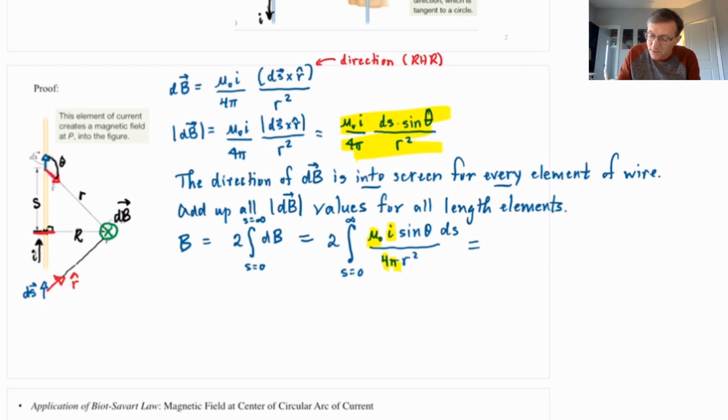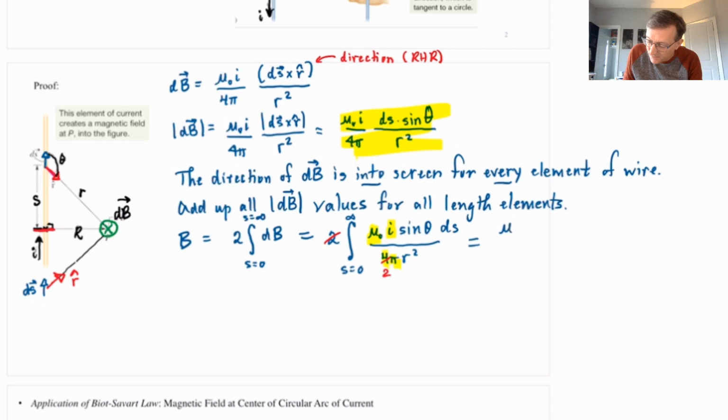And by the way, let me cancel the 4 and the 2 there. So if I bring out front the constants, I have mu 0 I over 2 pi, integral from 0 to infinity, sine theta over r squared ds. We've got to figure out how to deal with those symbols.